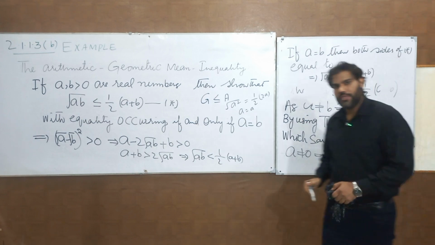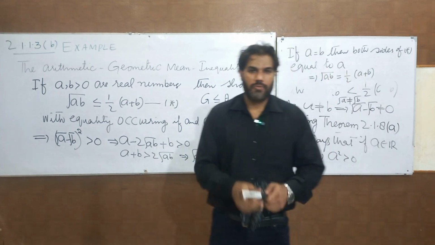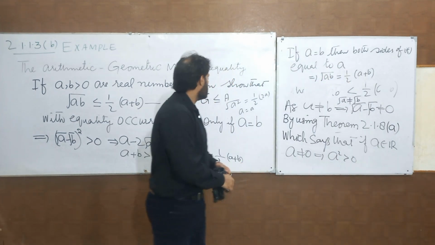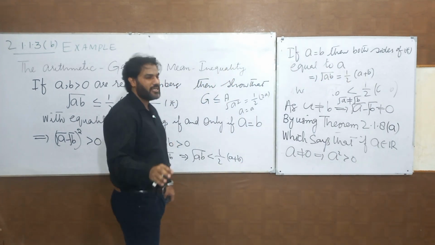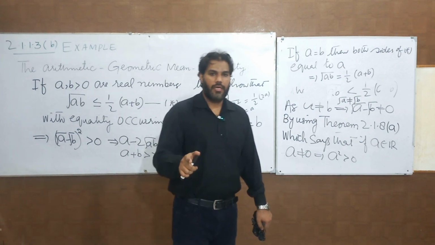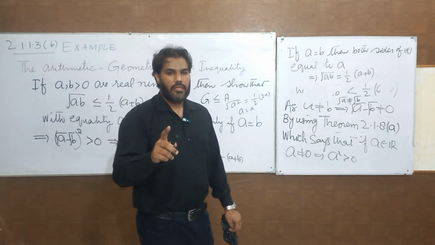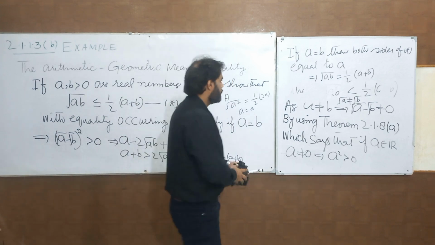Conversely, we show that if the arithmetic mean and geometric mean are equal, then the numbers a and b are equal.